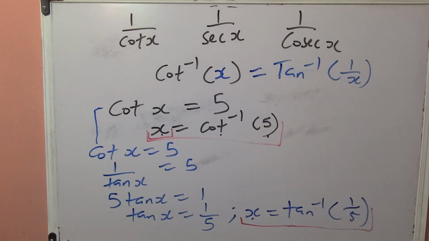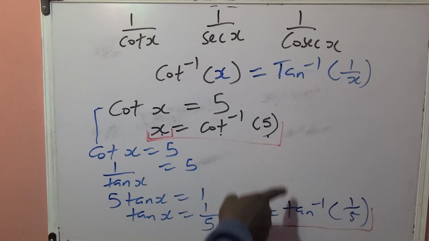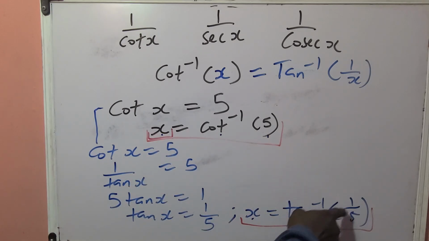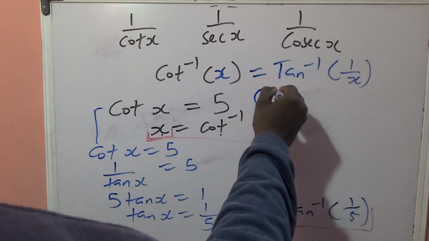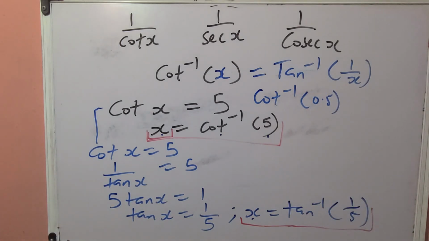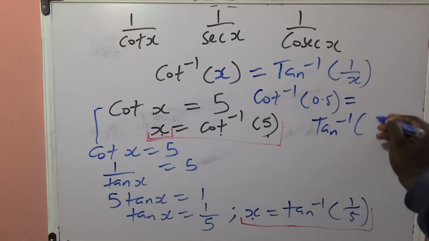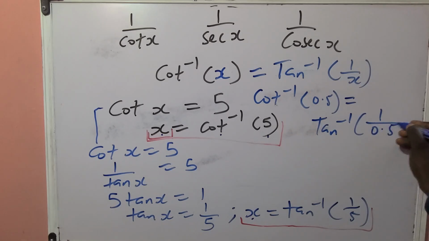So it's a rule now that we can establish, because you can see x is arc cot 5 here, and x is the same as arctan 1 over 5. So if you have arc cot of, say, 0.5, rather than trying to solve that with a calculator, just go on to find arctan 1 over 0.5. So this is the rule we're establishing here.